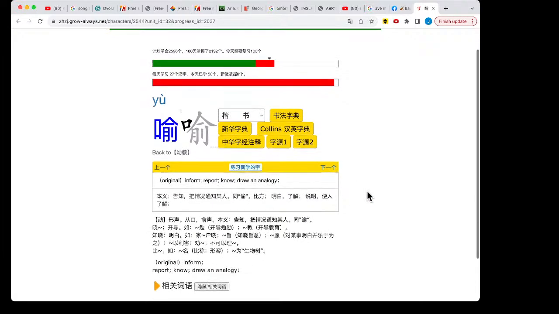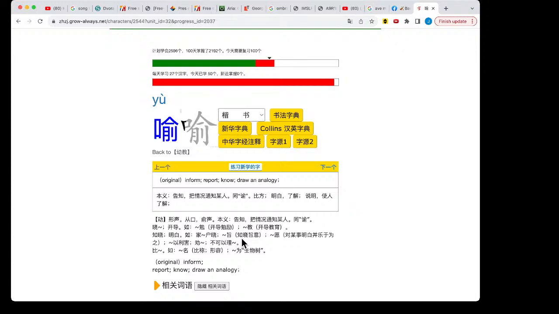喻. 喻 means, the original meaning is inform. Later extended to mean a report, to know, to draw an analogy. Okay, to draw an analogy. So that kind of meaning. Okay, 家喻户晓, that means that everybody knows.